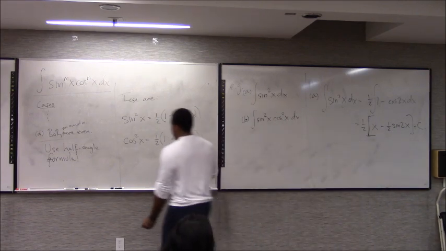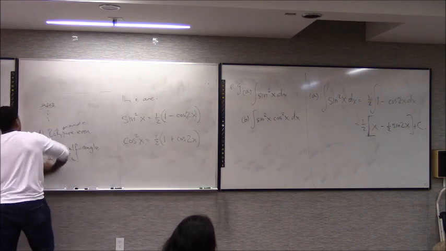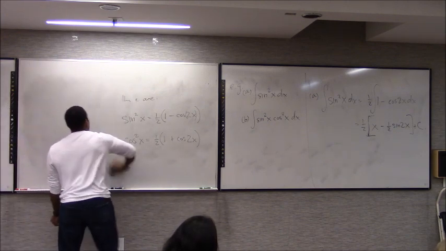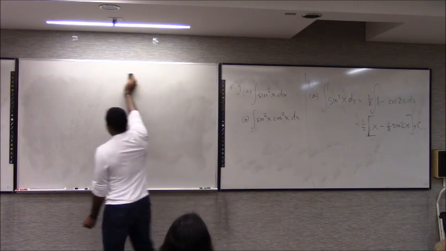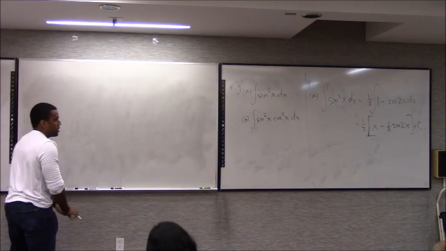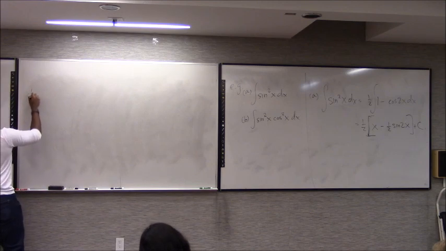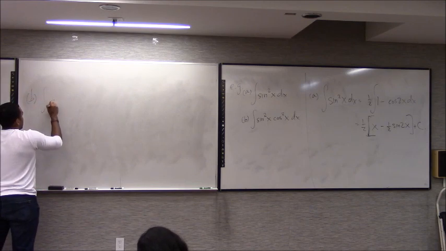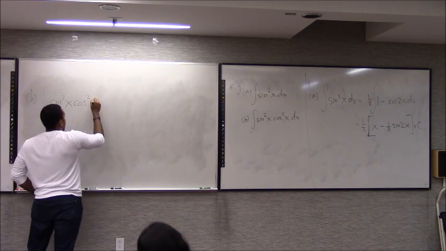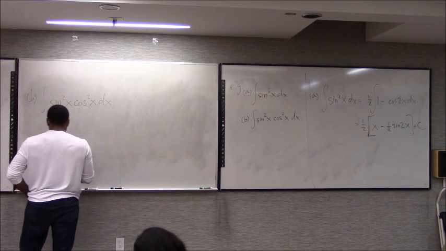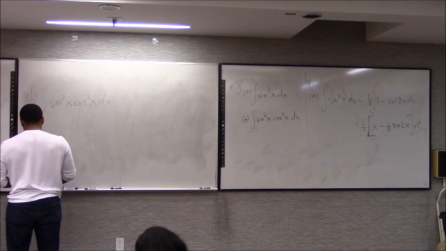If you have a situation like this, though, it can get somewhat annoying when you have several of these guys bouncing around. So if we were to go to b, sine squared x, cosine squared x, there are actually a couple ways we could do this one.